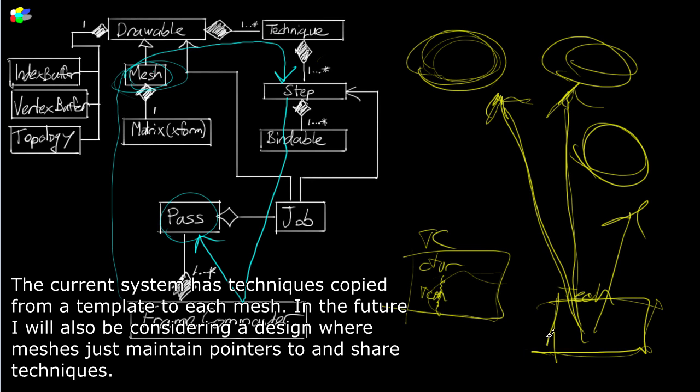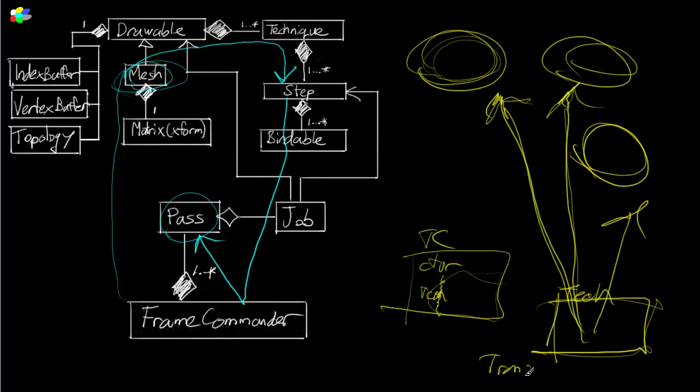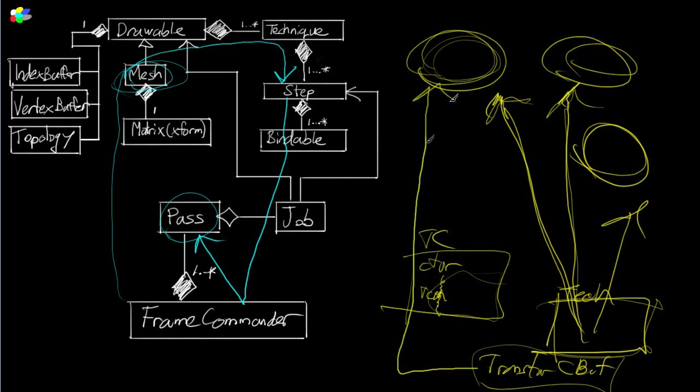The problem with this is that some techniques, well, pretty much all techniques, are going to have bindables like transform cbuff, right? And transform cbuff requires a reference back to the drawable, because it needs to get at the transform matrix that the drawable holds. So that's a problem, right?